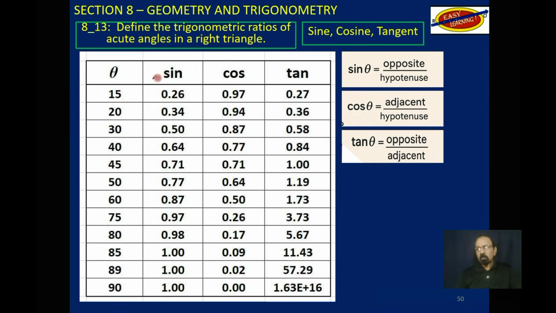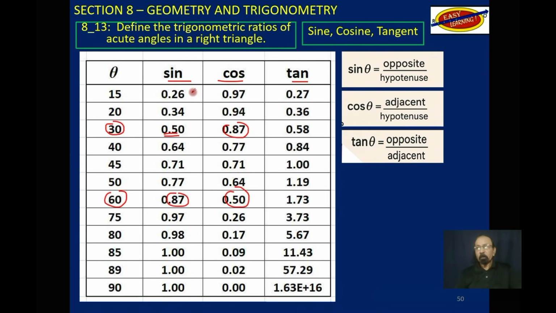These two are complementary. As I said, if you take 30 and 60, you will find that sine of 60 is 0.87 and cosine of 30 is 0.87. Tangent is not related to them.